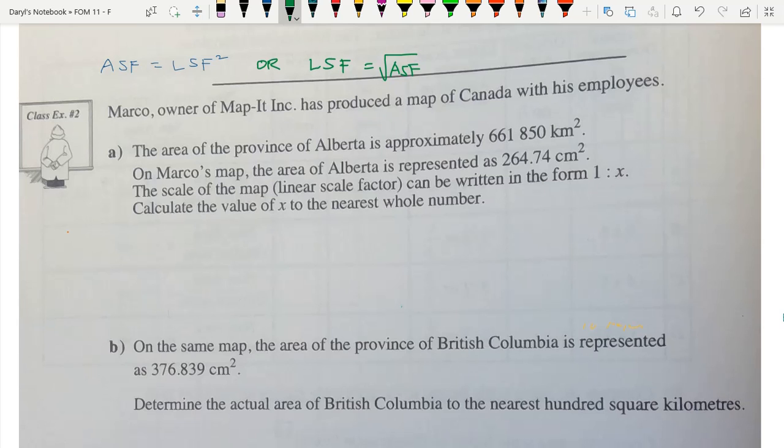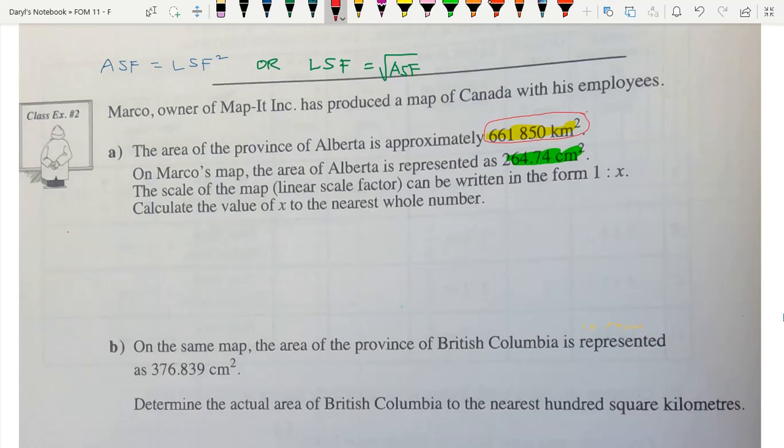The area of the province of Alberta is approximately 661,850 kilometers squared. On Marco's map, the area of Alberta is represented by 264.74 cm squared. So just from here, for any word problem solving, you need to identify the things that are given in your problem.